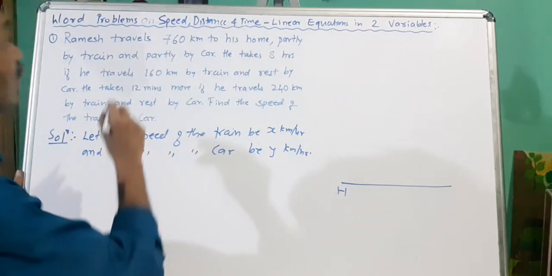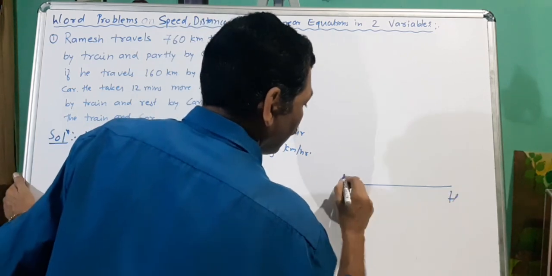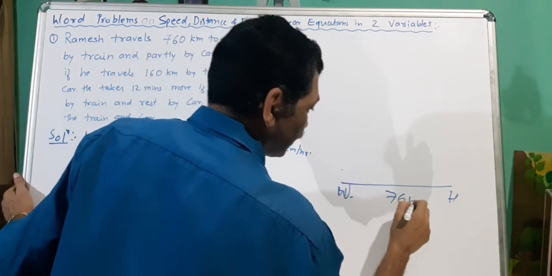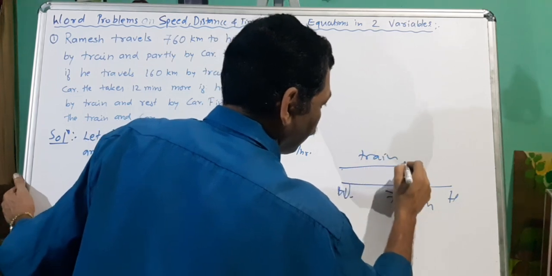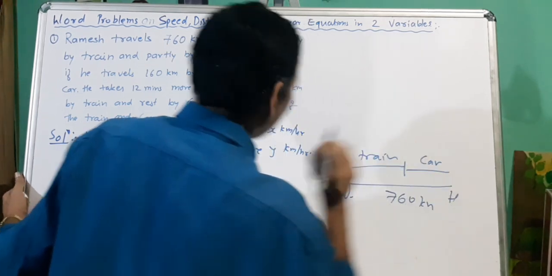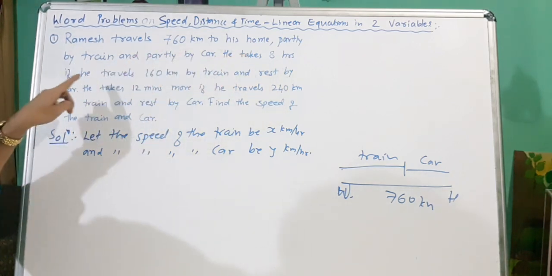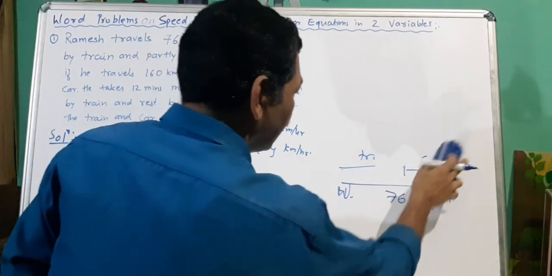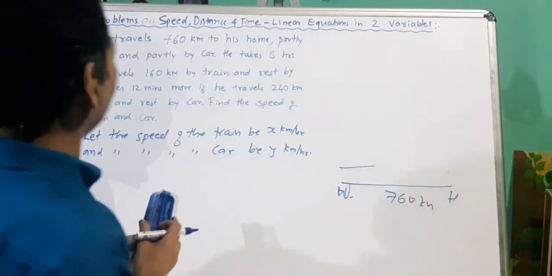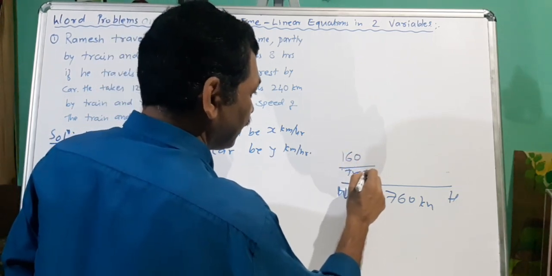Ramesh travels 760 km from workplace to home, partly by train, partly by car. It takes 8 hours when he travels 160 km by train.